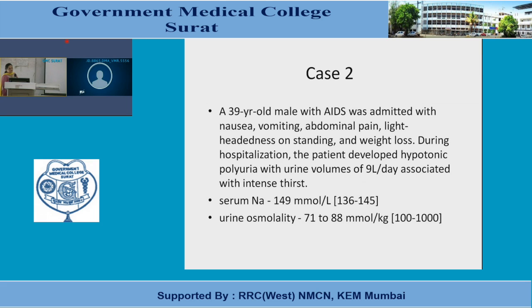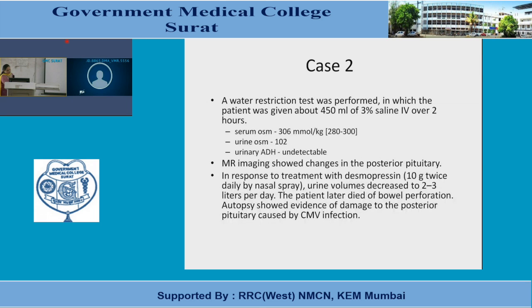So this is a condition which we say is like SIADH, but the ADH level is low. The serum osmolality is 306, urine osmolality is 102, and urine ADH is undetectable. So it's a syndrome of inappropriate ADH secretion.